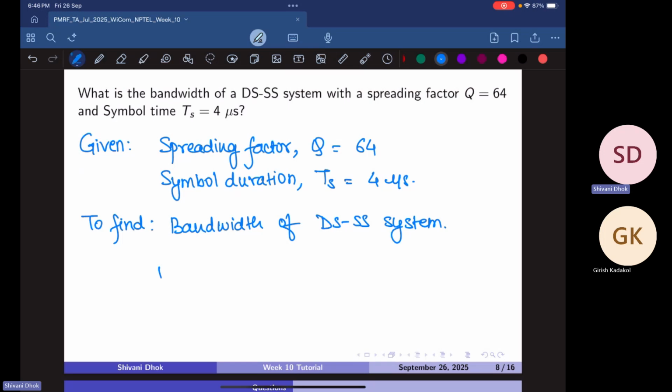So this bandwidth is given by 1 by Tc, where Tc is our chip duration.